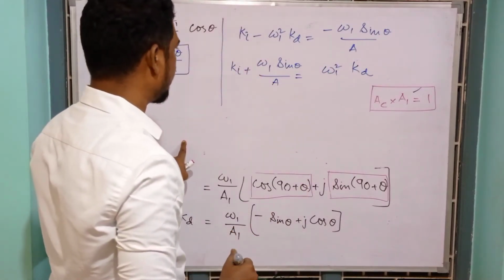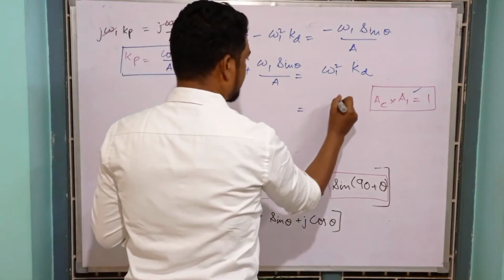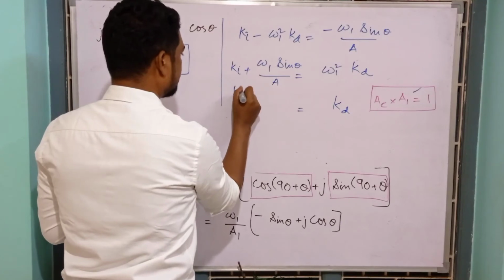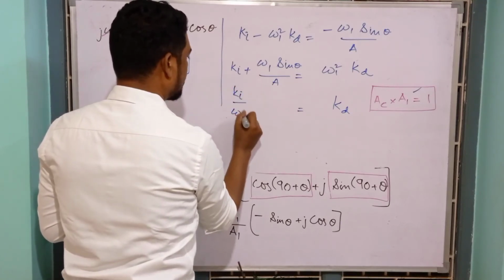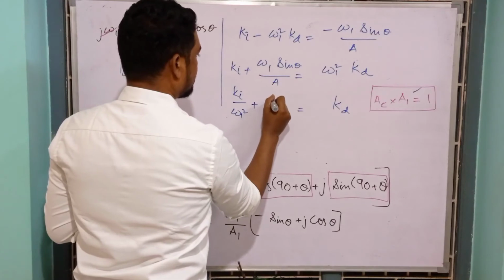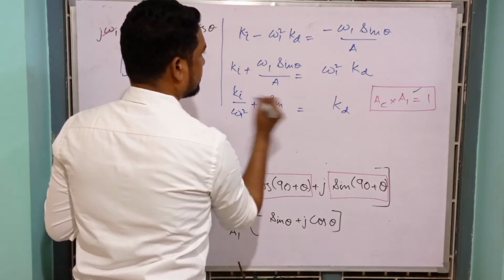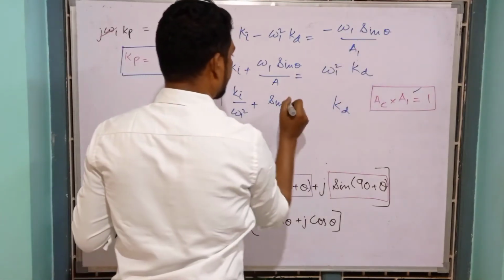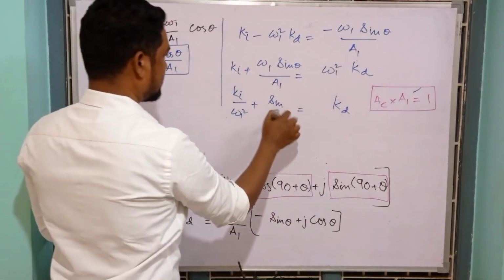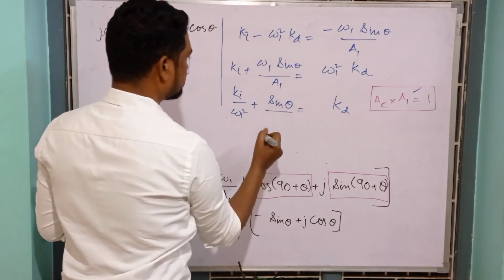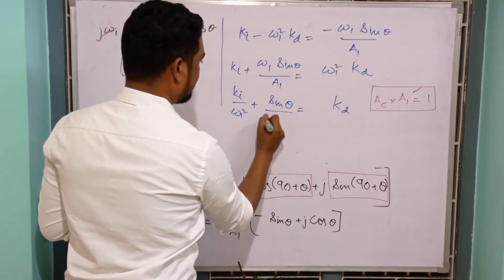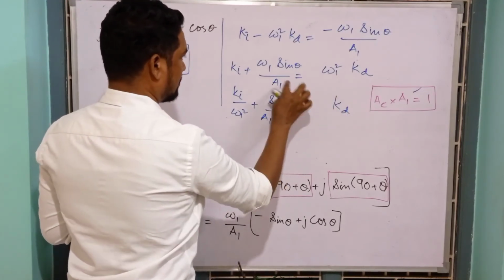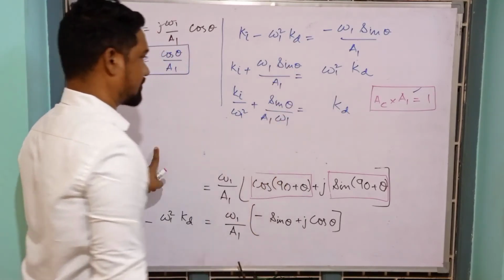Okay, omega 1 square kd, and if you want to have the expression for kd, it is ki by omega 1 square plus sin theta by a1 omega 1. Why? Because when this comes over here, omega 1 and that square get cancelled, and we get this expression.